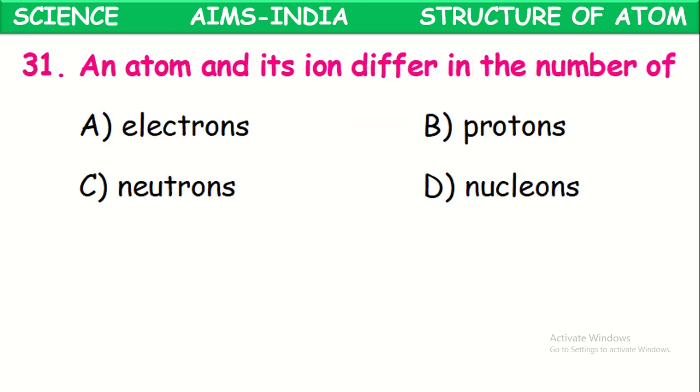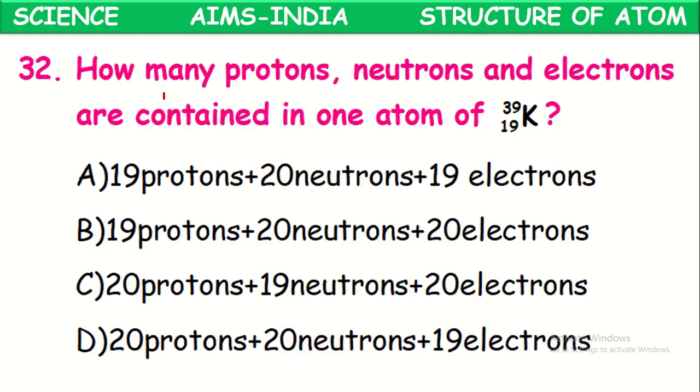Okay, next. An atom and its ion differ in the number of... Generally, ions are formed by either gaining or losing electrons. So, an atom and its ion will differ in the number of electrons. Okay, next.